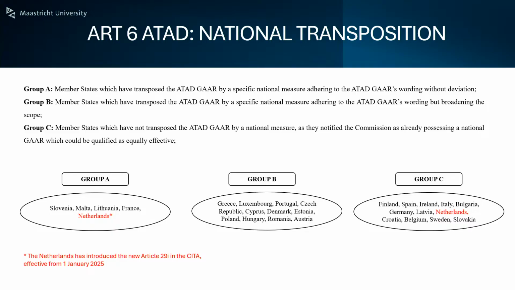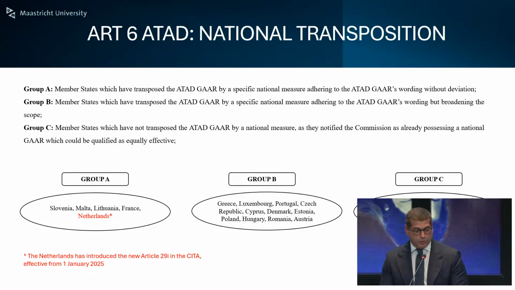Then Group B includes the member states which transpose the provision by a specific legislative act, but broaden the scope of application, either regarding the personal scope, including other types of taxpayers, or the type of tax, going beyond only the corporate tax.